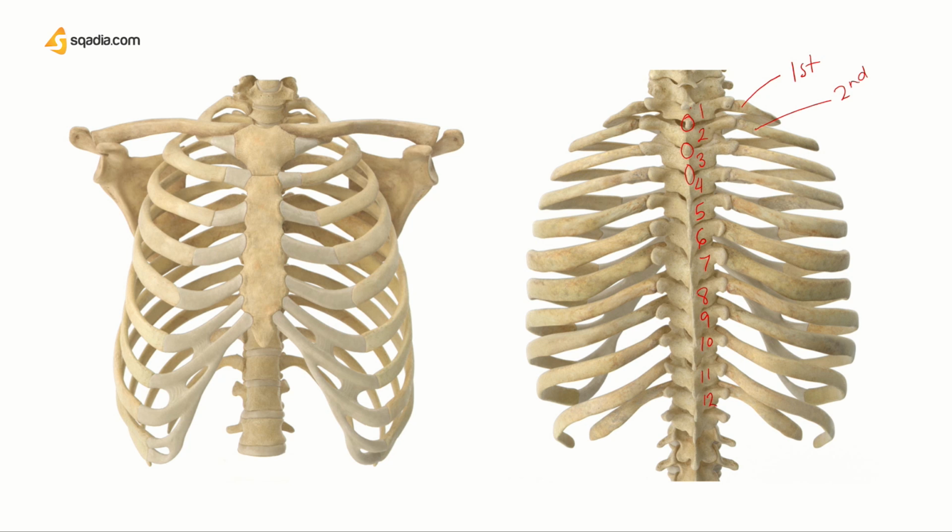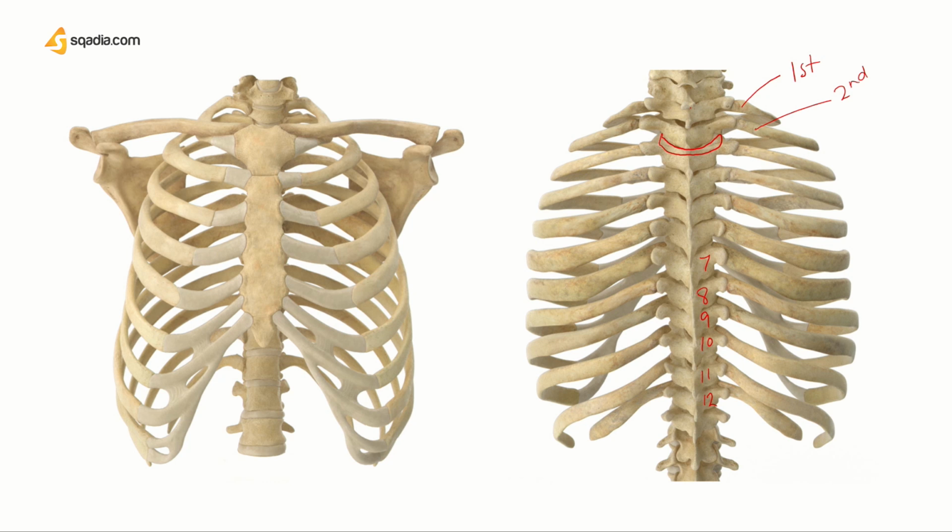We can see that each thoracic vertebra has these transverse processes. And as I already told you, it has a demifacet. So we'll see that in the next image. So between each of these vertebrae, we have a cartilaginous disc. This is called the intervertebral disc. So we'll have 12 intervertebral discs.